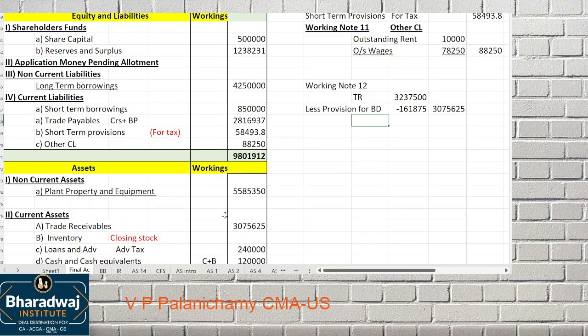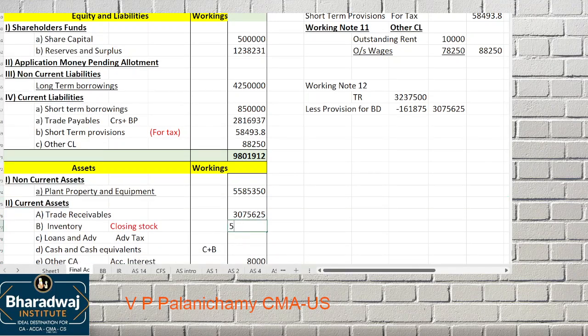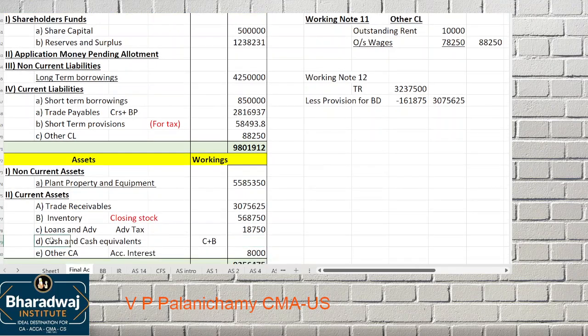The stock is nothing but closing stock. What is the closing stock given? Advance tax, what is advance tax? 80,000? 18,750. Cash and cash equivalents.